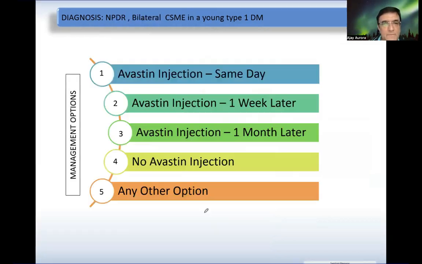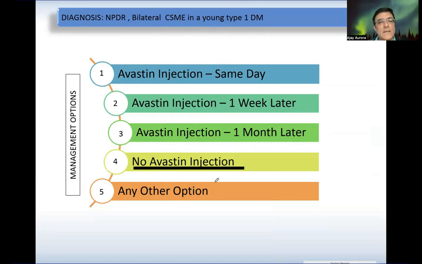So what about the left eye? The options were that we could have injected the same day, but we never inject Avastin or anti-VEGF the same day. We could certainly inject after 1 week, and that is what we had planned. Or we could do it much later, or we may not inject Avastin at all.